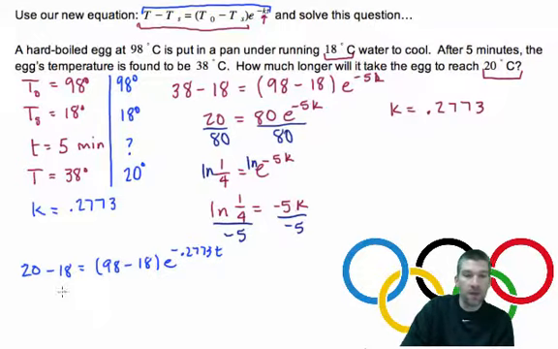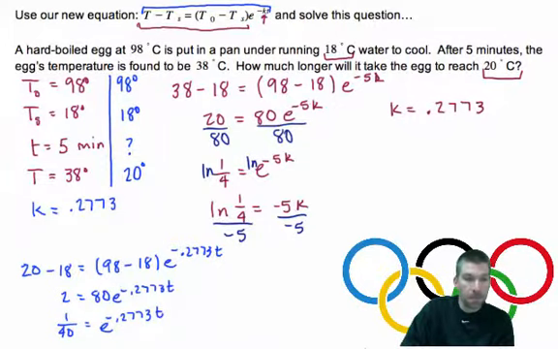Now we just follow our math. 2 equals 80 e to the negative 0.2773t. So divide both sides by 80, and that's going to be 1/40 equals e to the negative 0.2773t. I'm getting low on space here.